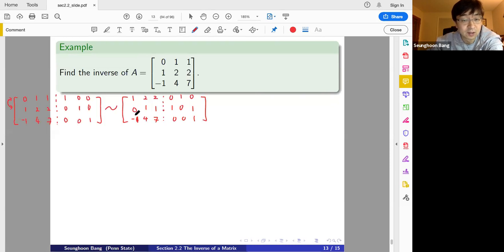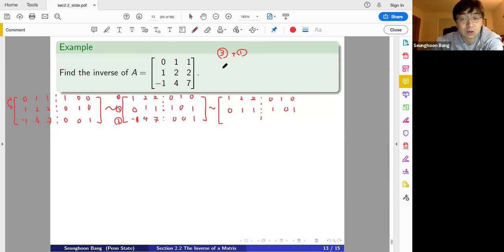Next, this is the first row, the second row, the third row. How can I eliminate the -1 to 0? Only third row plus first row. You calculate what happens. You keep the first row, 1, 2, 2, 0, 1, 0. You keep the second row, 0, 1, 1, 1, 0, 1.